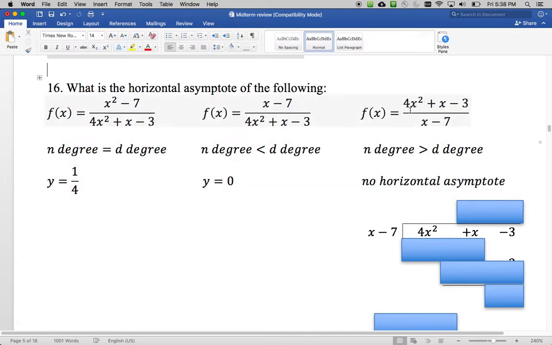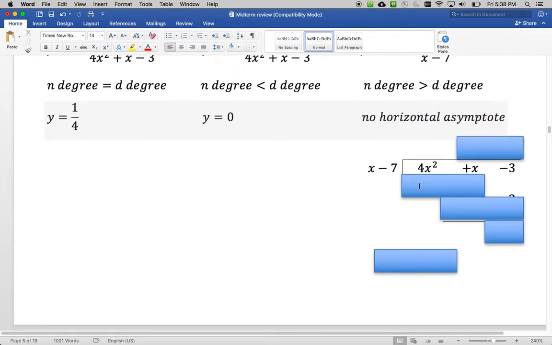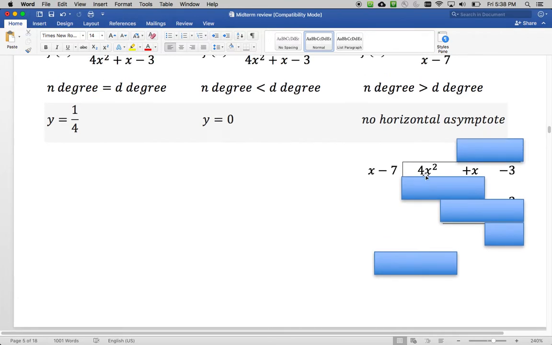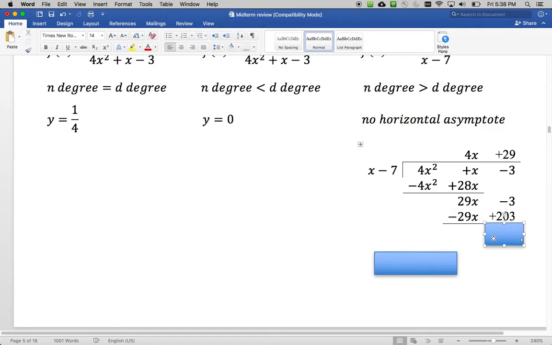And then if the numerator's degree is greater than the denominator's, then there are no horizontal asymptotes. You end up with a slant or oblique asymptote. And to find that, go ahead and do either synthetic division or long division. I did long division here. I've already walked you through the process once, so I'm just going to uncover all this.